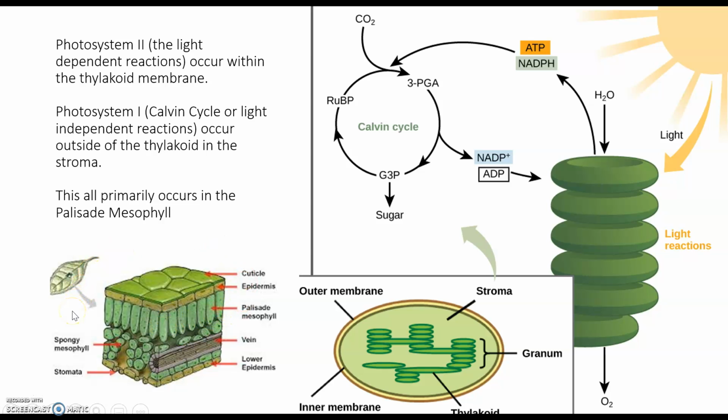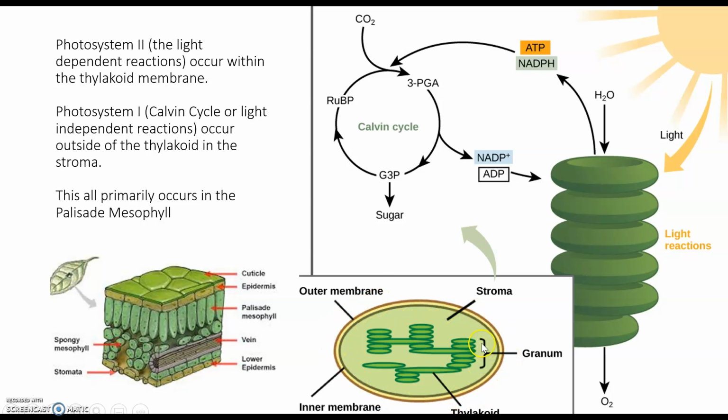So if we look at what we see, this is a leaf that we can see. When we put this leaf under a microscope, we can see inside of it and we'll see things like this. Then, if we use a very powerful microscope to look at one of these palisade mesophyll, we will see a chloroplast that looks something like this.